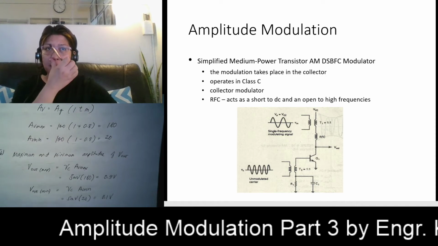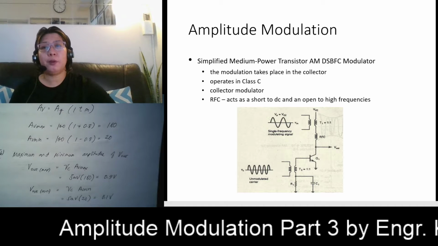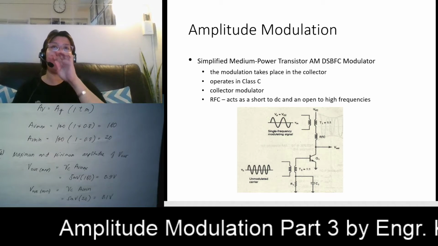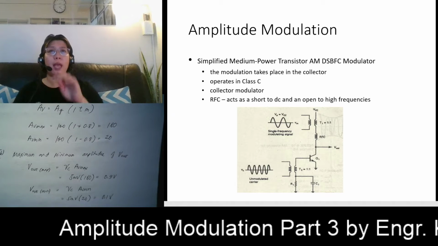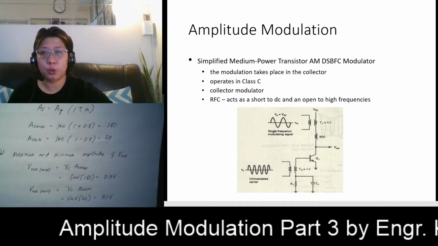So before the 1970s, before solid states or before the transistor was discovered, medium and high power AM transmitters used vacuum tubes.